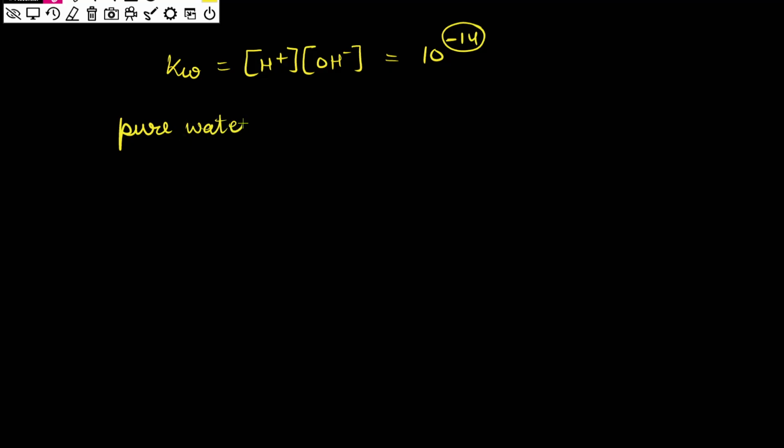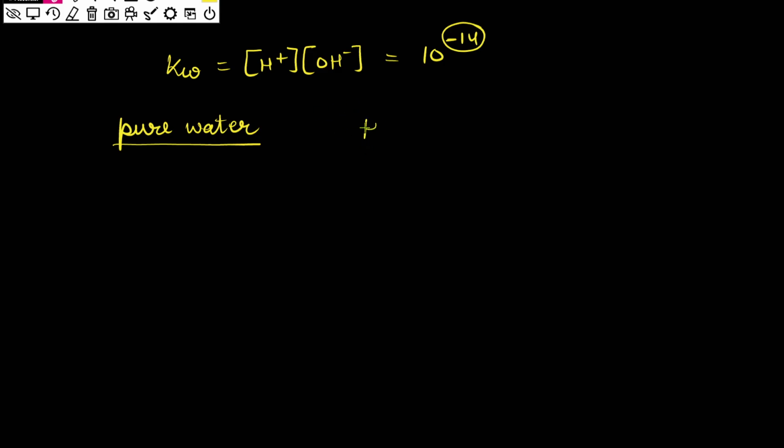Now we know that the ionic product is nothing but the concentration of H plus ions multiplied by the concentration of OH minus ions, and the value of this ionic product is 10 to the power minus 14. Now when we take ultra pure water, meaning there are no other impurities present, only H plus and OH minus are present.